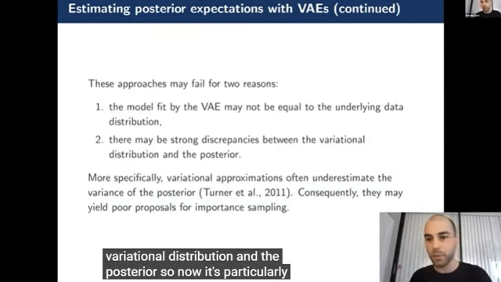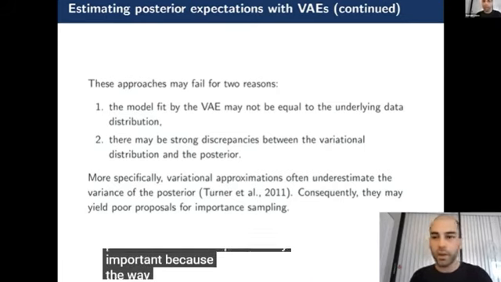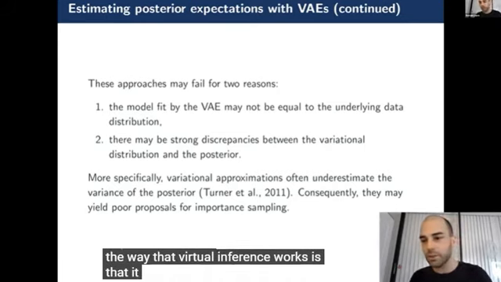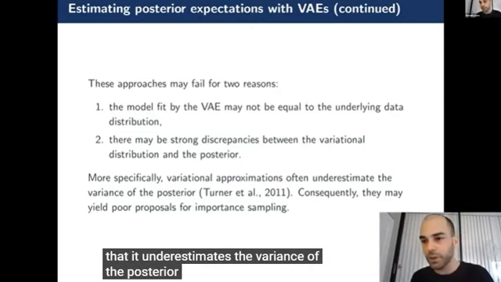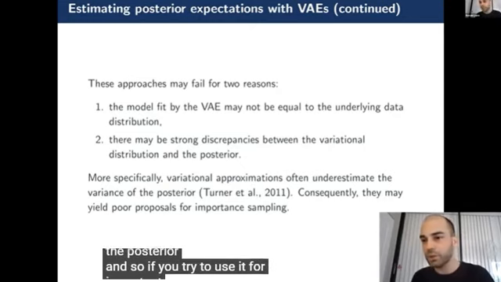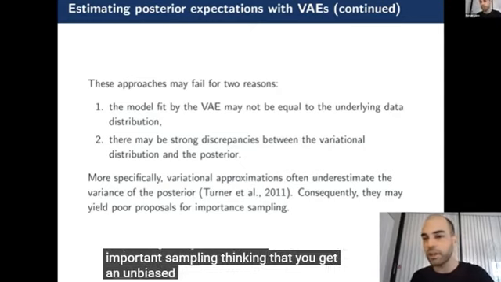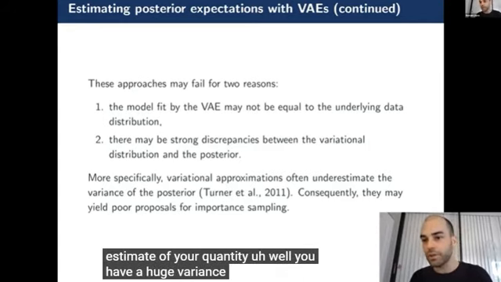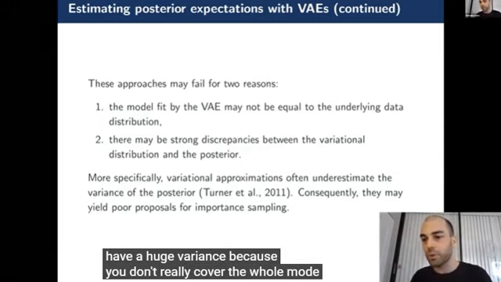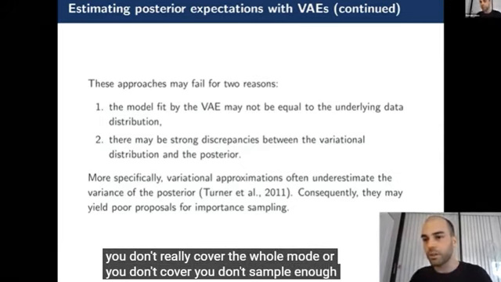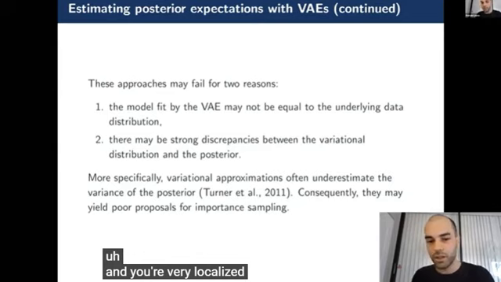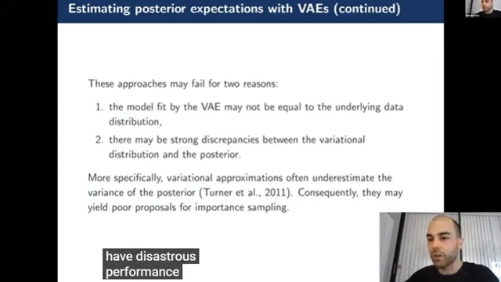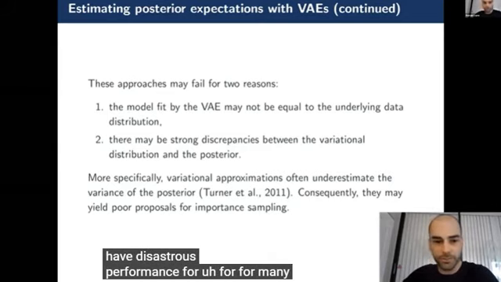This is particularly important because variational inference underestimates the variance of the posterior. So if you try to use it for importance sampling, thinking that you get an unbiased estimate of your quantity, you have a huge variance because you don't really cover the whole mode, or you don't sample enough, and you're very localized. And this can have disastrous performance for many applications.